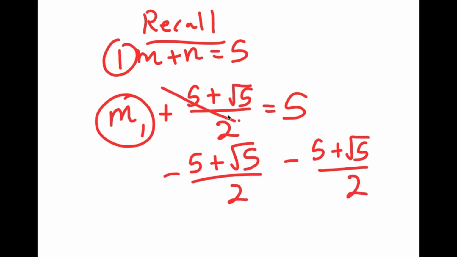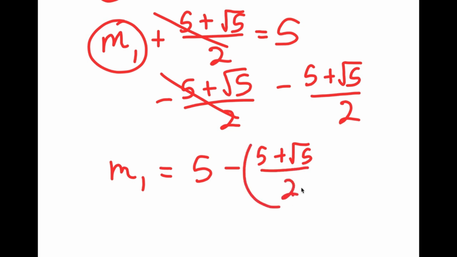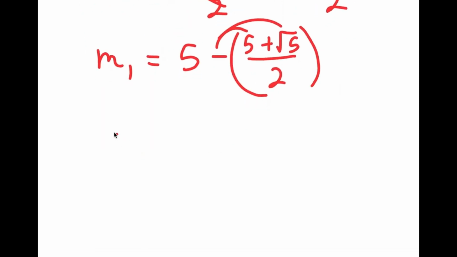So then these two cancel out, and I get m of 1 is equal to 5 minus (5 plus the square root of 5) over 2. And I actually have to distribute the negative sign, so I get m of 1 is equal to 5 minus the square root of 5 over 2.